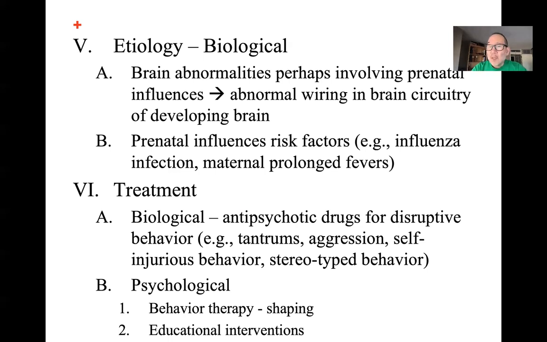And behavior modification can be incredibly effective in increasing the ability of a child suffering from autism to function along all these parameters. Yeah, and sometimes the smallest changes can make a huge difference in terms of the child's ability to be effective in their environment.